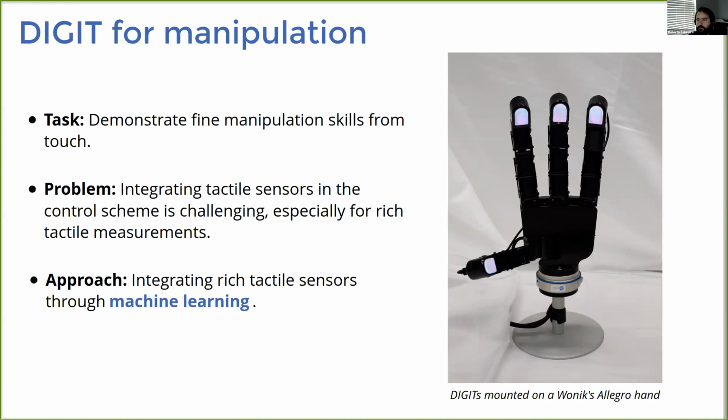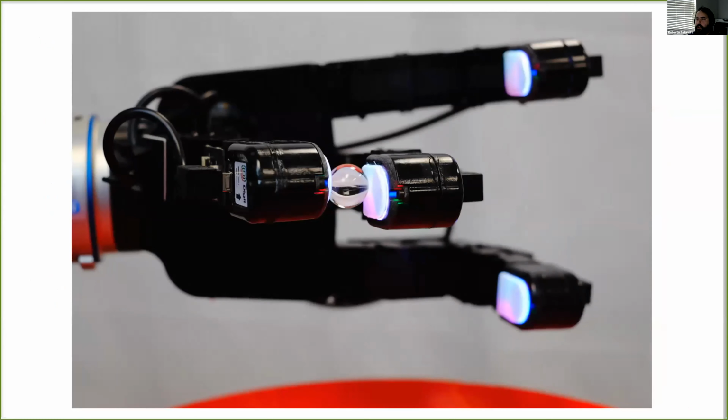So we decided to use more advanced machine learning techniques to integrate Digit into the control loop of our hand. In particular, we selected as an example of fine manipulation task the manipulation of a marble between 2 fingers. Now, this is a very challenging task that for a robot requires a significant amount of fine control of the contact forces, especially since the elastomer is not a rigid surface and is also a little bit curved, so it's actually really difficult to control this.